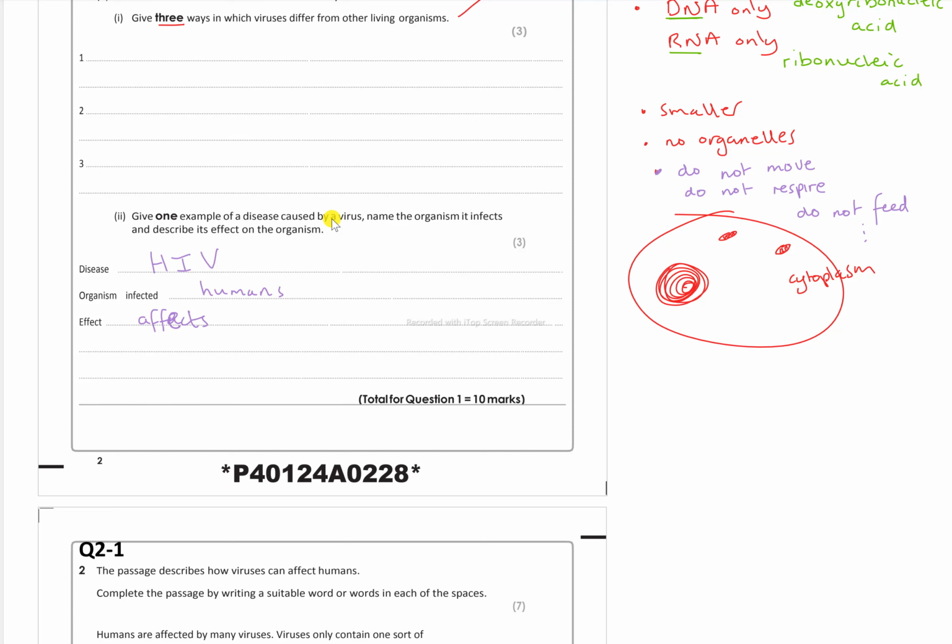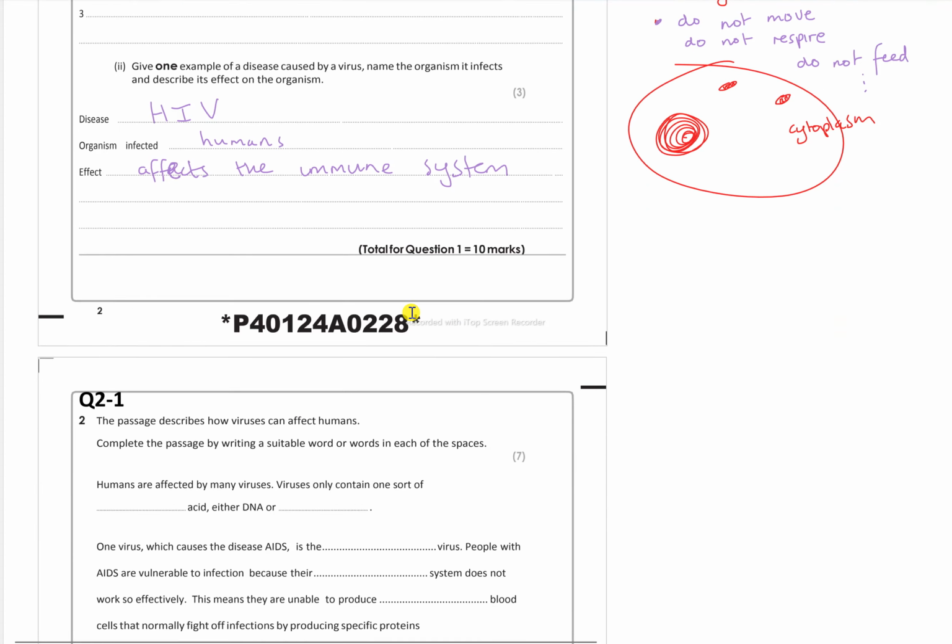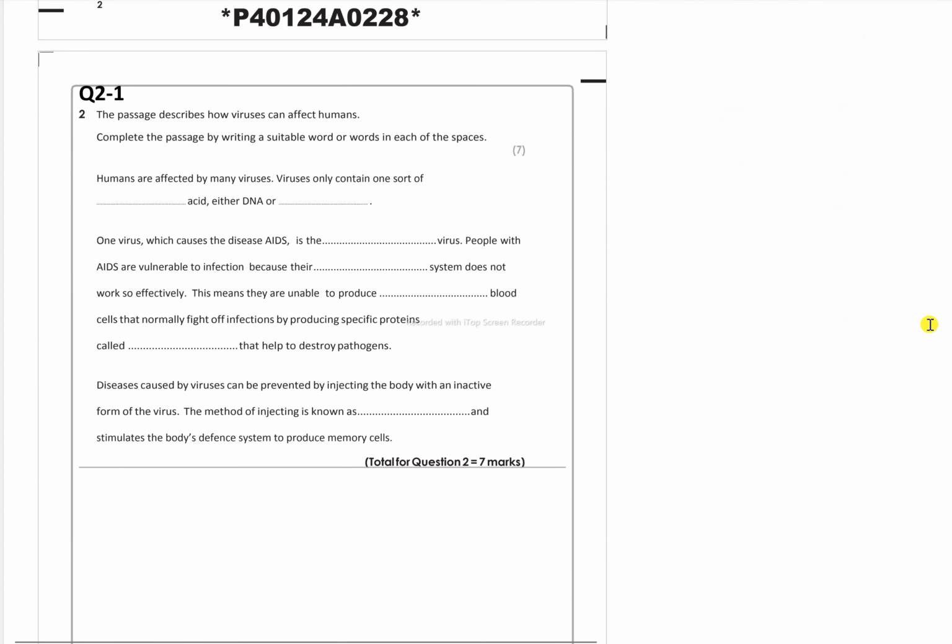It affects the immune system. It damages the immune system. So HIV, humans, and it affects the human immune system. So it makes you more prone to illness and disease. Right, okay.